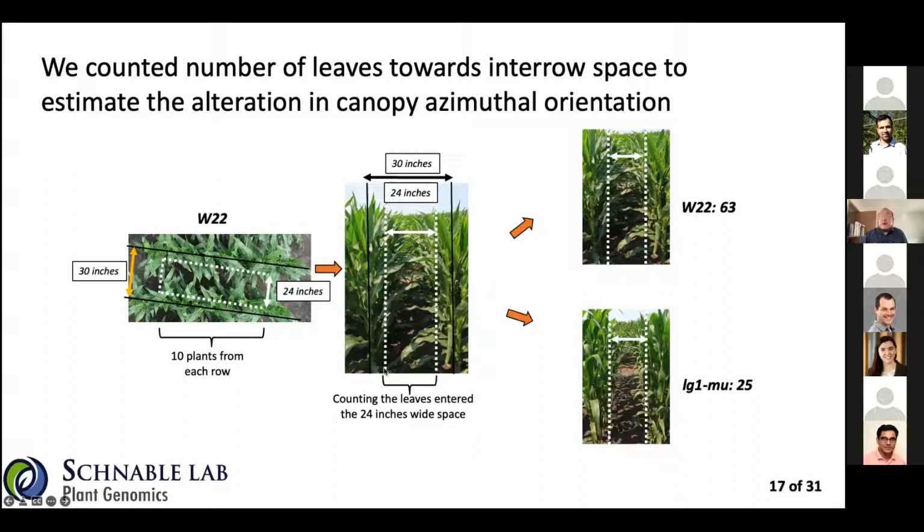Then from the bottom to the top, we manually counted all the leaves that entered this 24 inch wide rectangle space. By doing this, we can quantify the phenotypic differences. For example, for W22, we have 63 leaves pointing towards the interrow space, and for liguleless 1, there are only about 25 leaves.